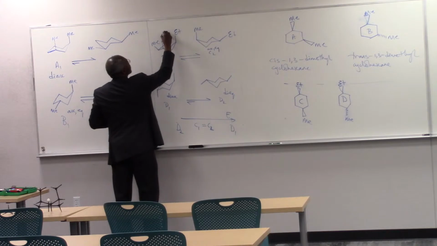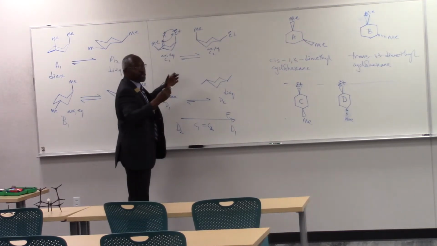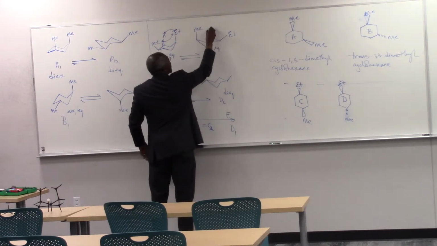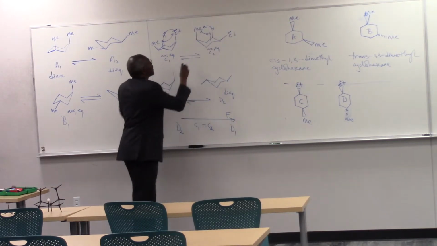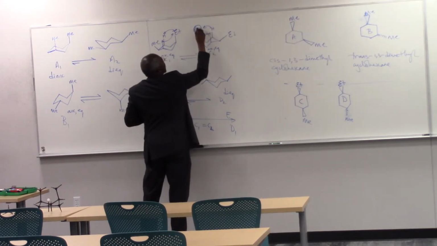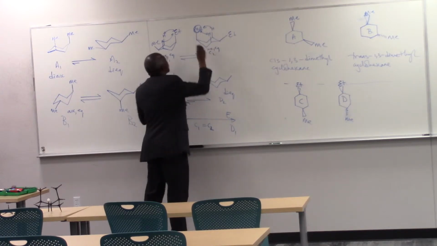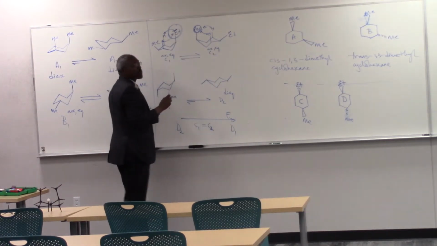1,3 diaxial interactions between ethyl and H, because the ethyl is bigger, than in the diaxial interactions between methyl and H. Because the methyl group is smaller, its interaction with the H's isn't quite as severe as with the larger ethyl group.